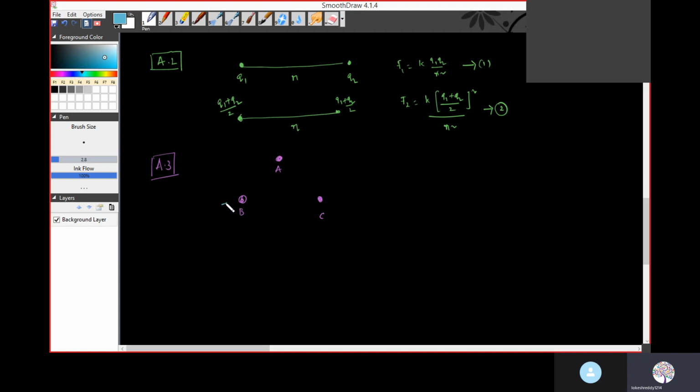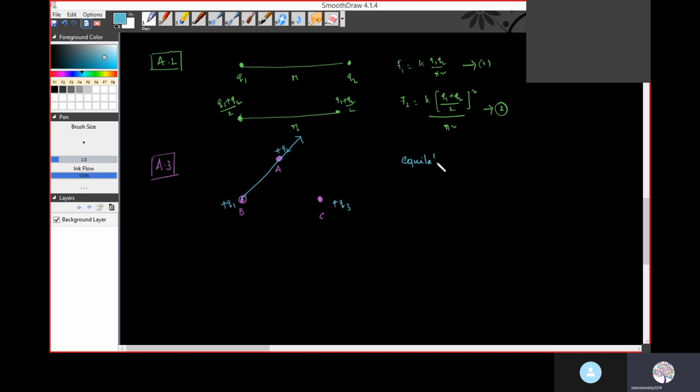Now let us take that this is plus Q1, this is Q2 and this is Q3. What is the charge on A? Now you can see that the force between these two will push in this direction. Now the charges form an equilateral triangle.